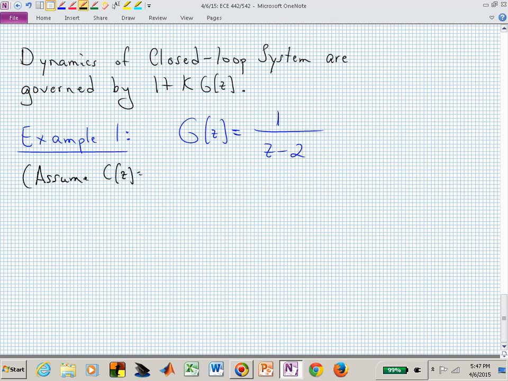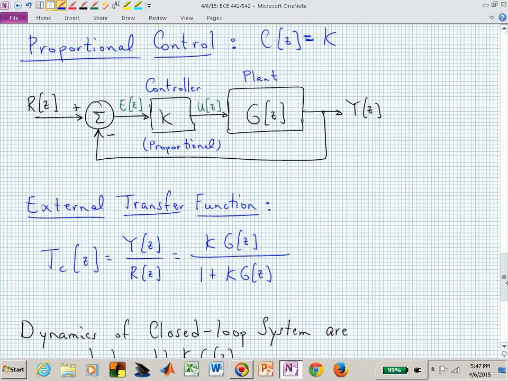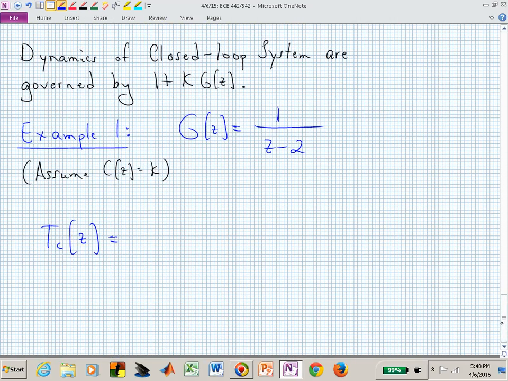C of z is equal to K. What is T sub C of z? And I think, yes, I put the negative sign, so it's negative unity output feedback, and we have Kg of z over 1 plus Kg of z.